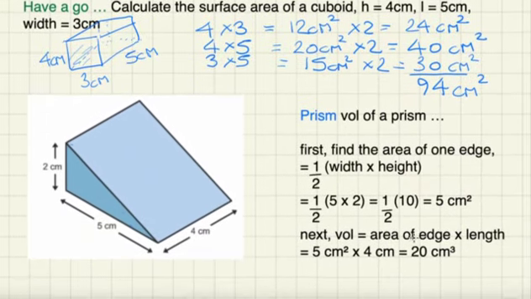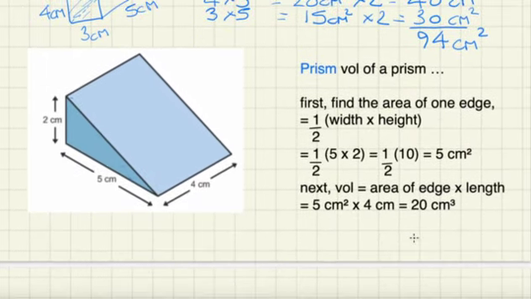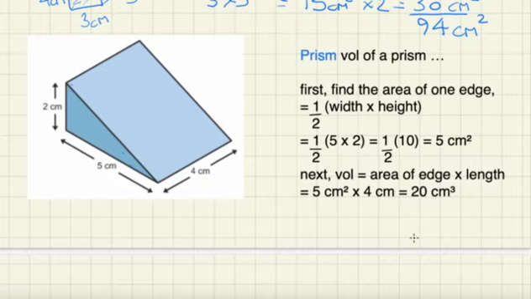So lastly, we're going to have a look at a prism. And we met up with a prism before. Let's just change the pen to this. So what is the volume of this prism? First of all, we have to do it in 2 stages. First of all, we find out the area of one of the edges.